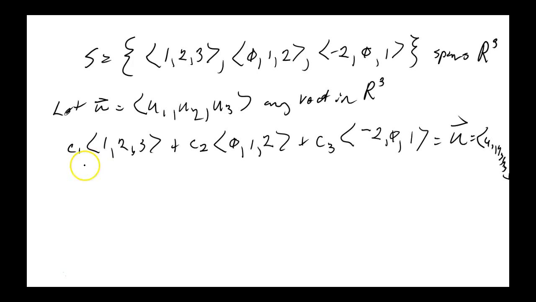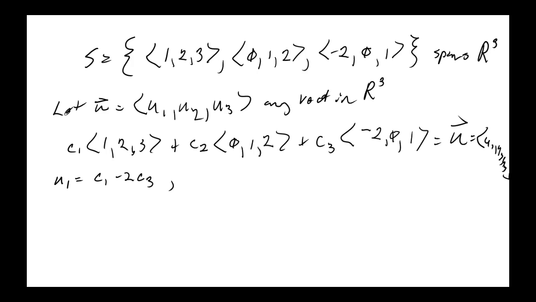Hopefully you see that this would require U1 to be C1 plus 0 C2 minus 2 C3, the first entry there.